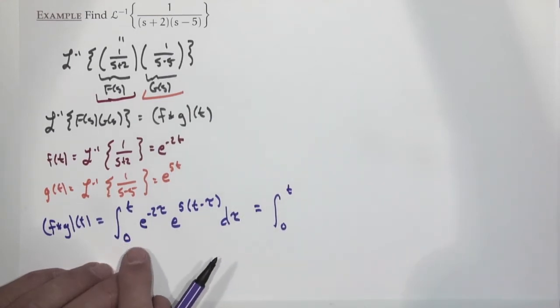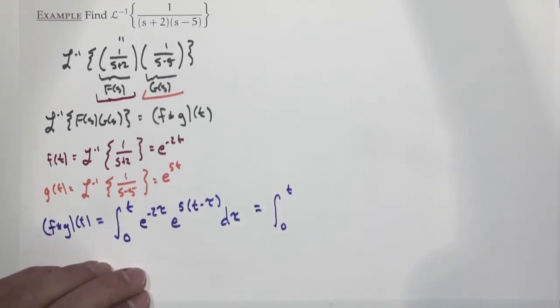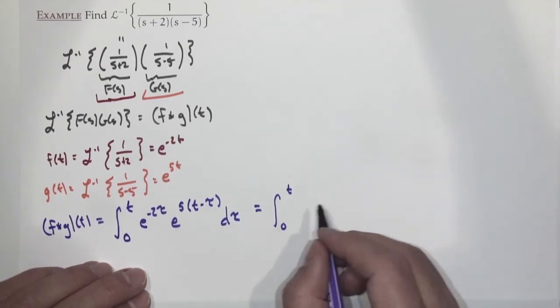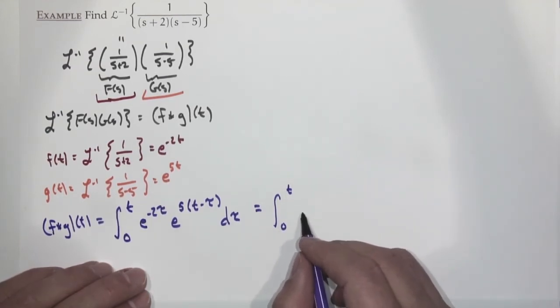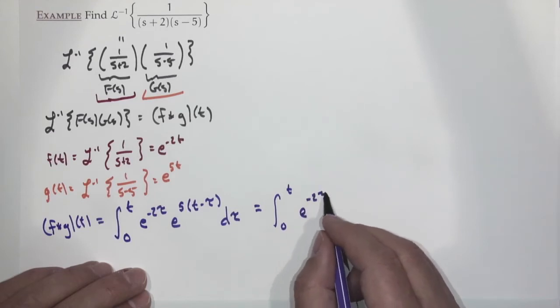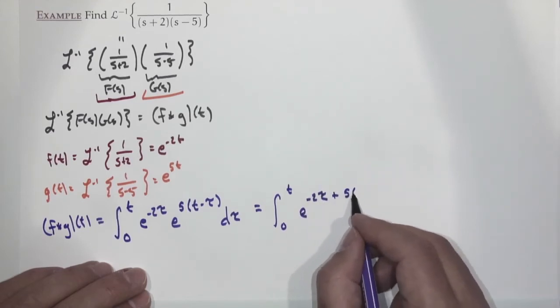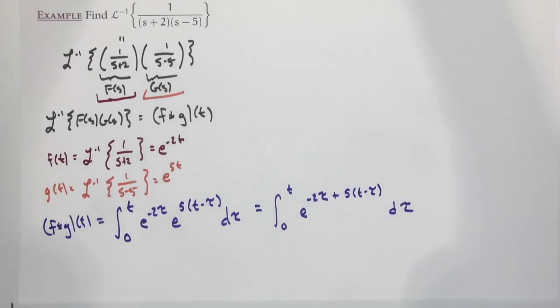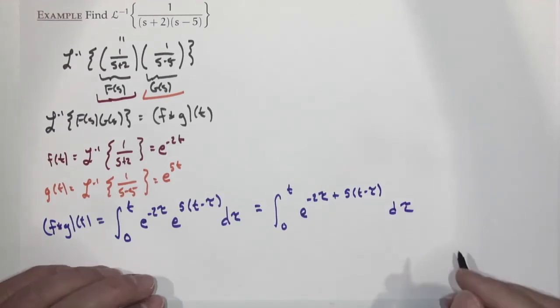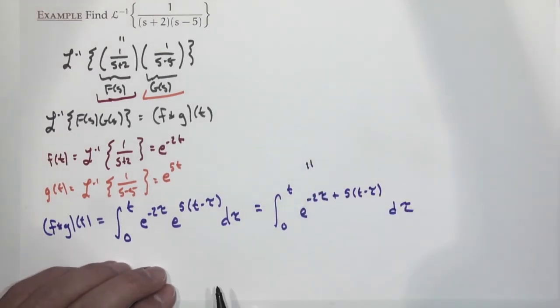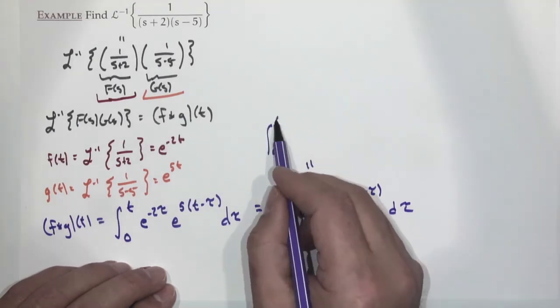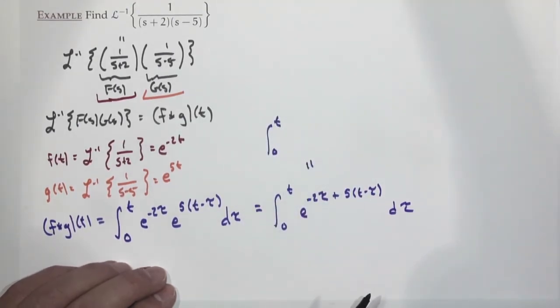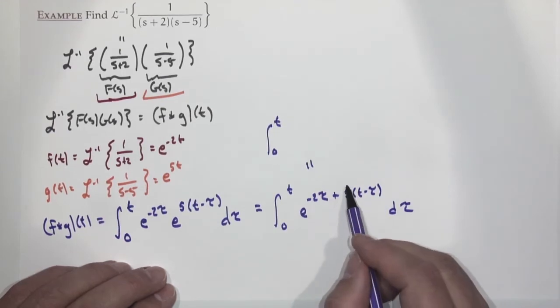Okay, so when we have exponential functions multiplying together, we can add exponents. So here, this is the same as e to the minus 2 tau plus 5 times (t minus tau). Okay, progress. Now what happens? Well, does anything add? Should you distribute the 5 through? Okay, we distribute the 5 through.